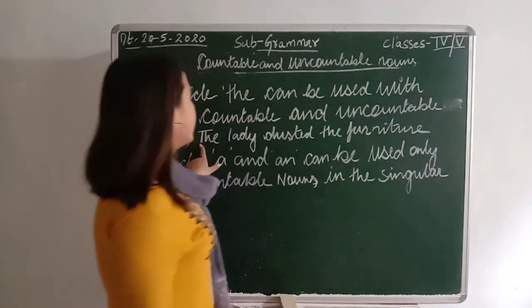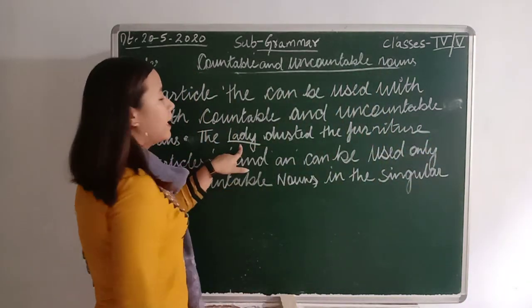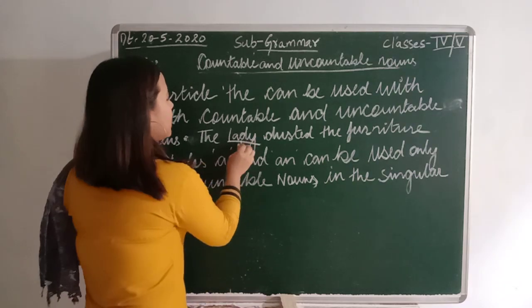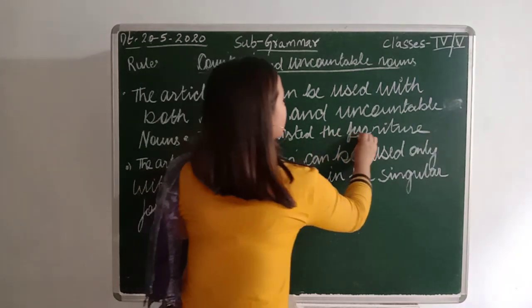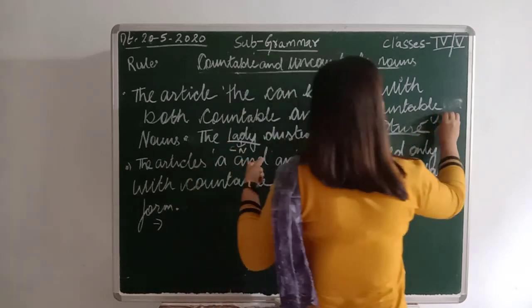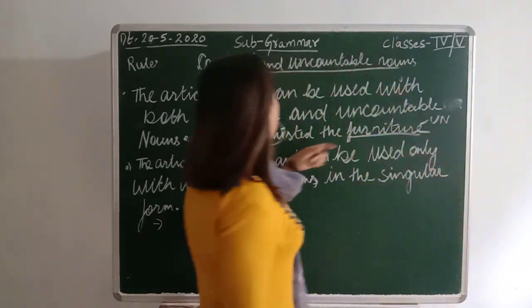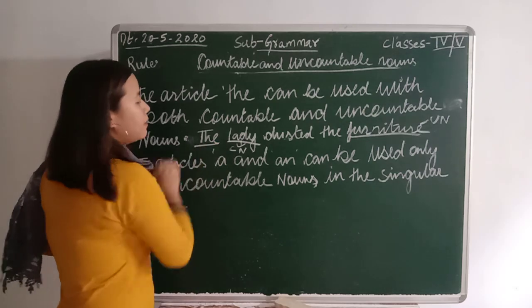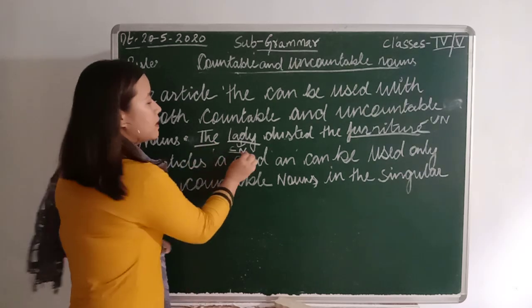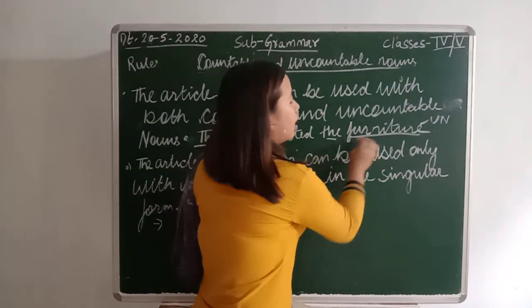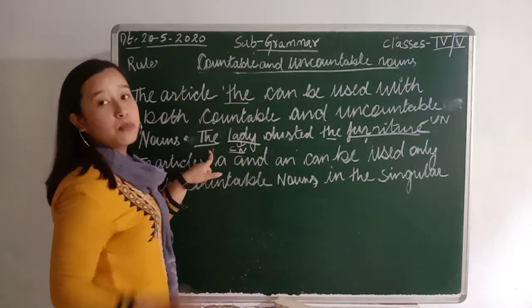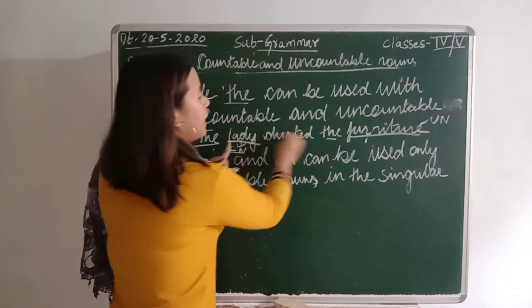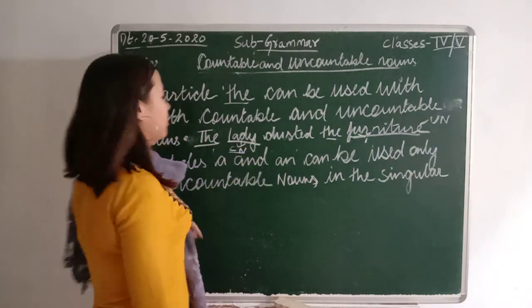So in this sentence, the lady can be counted, so it's a countable noun. And furniture is an uncountable noun. So the can be used with both countable and uncountable nouns.